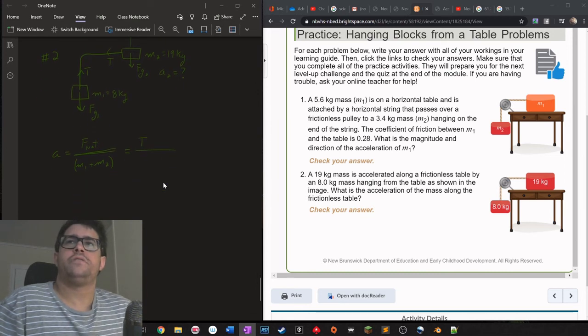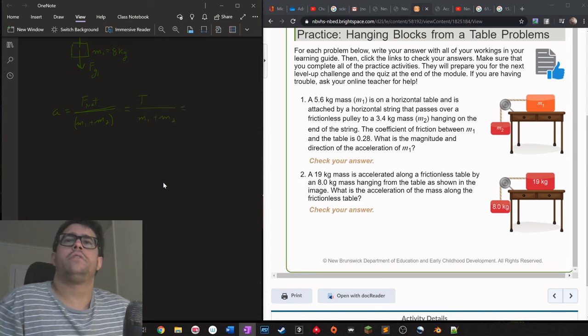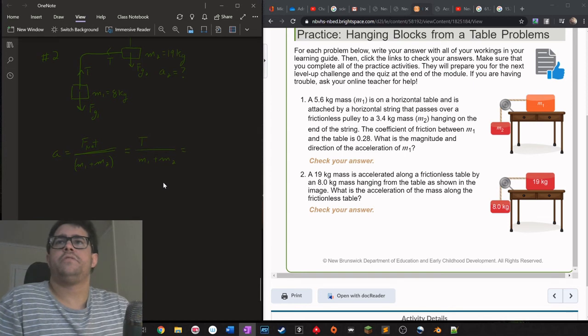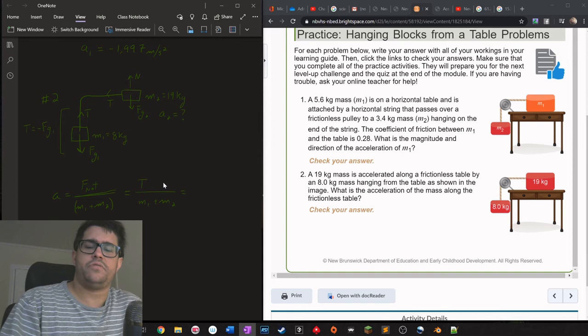And the tension is equal to Fg1. Go back here. M1 plus M2. Tension is equal to what? Tension is on this side, right here. It says that tension would be equal to minus Fg1, based again on the idea that F net is equal to, oh no, it's not equal to 0. Hold up.